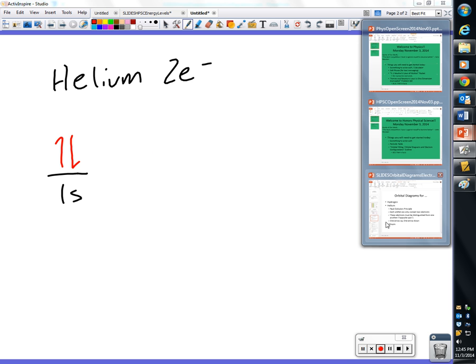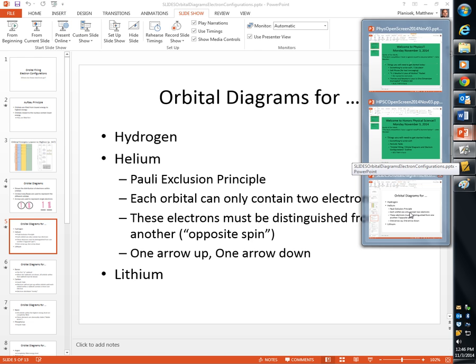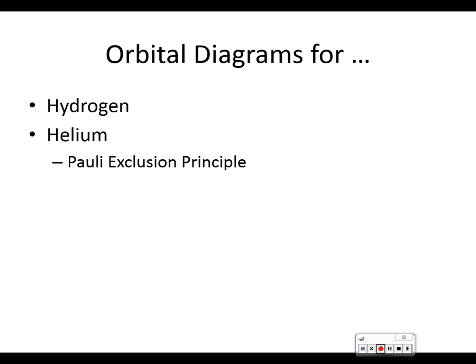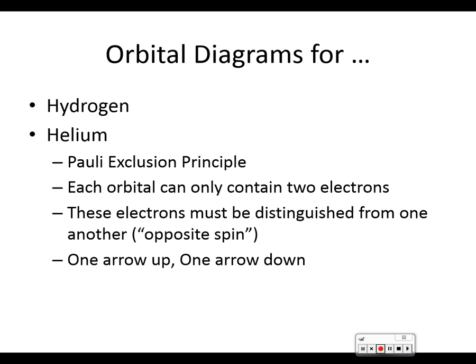This idea of the 2 electrons comes from what we refer to as the Pauli exclusion principle. Just like on Friday, we talked about each orbital can only contain 2 electrons. These electrons have to be distinguished from one another, and we do that by saying that they have opposite spin. Notice, opposite spin is in quotation marks.